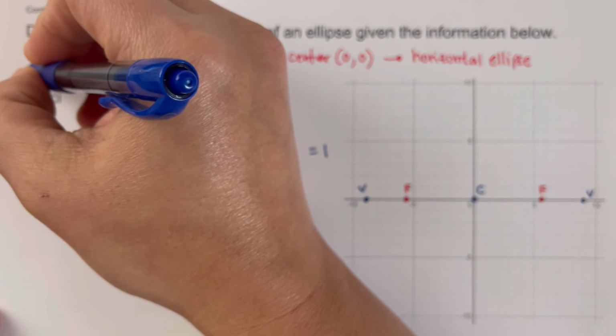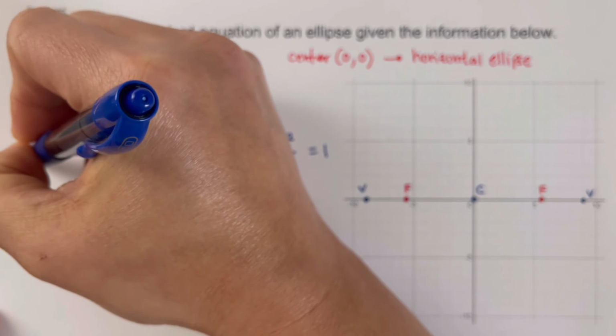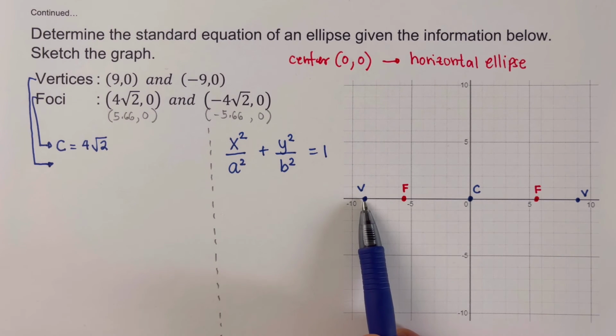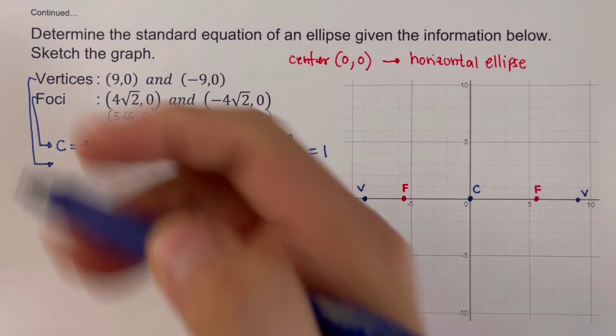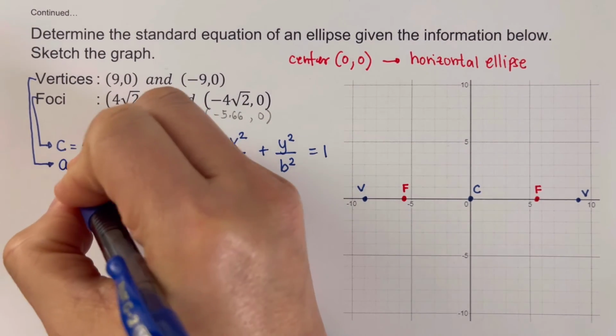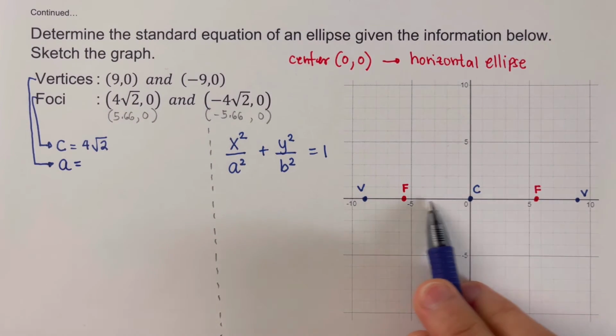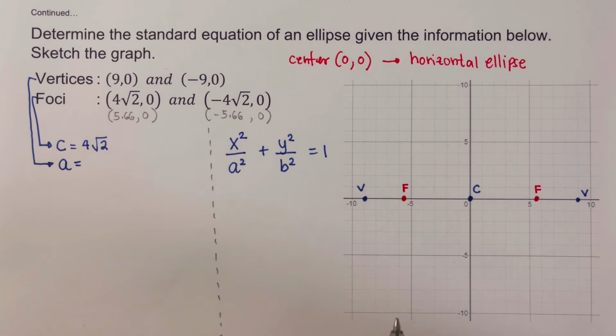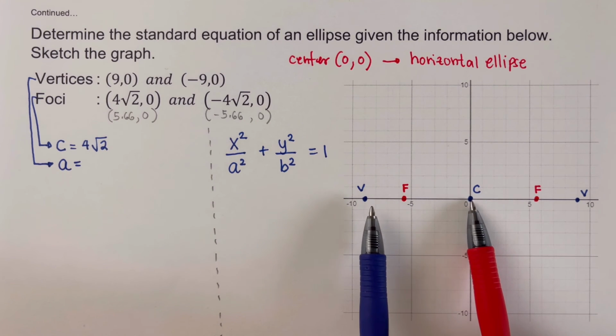Now, looking at the other coordinate that we have right here that says vertices. We remember that the distance from the center to the vertex is represented as letter a. So in this case, our a is equal to, if we count it, 9. The other way to do this is to determine the distance between the center and the vertex using the distance formula.